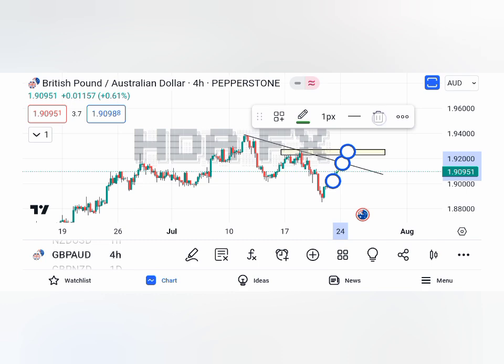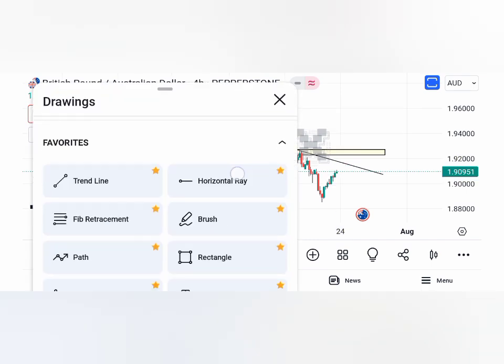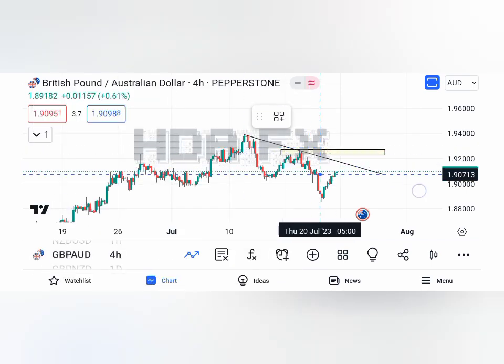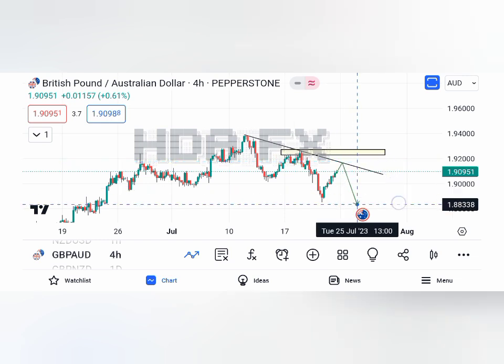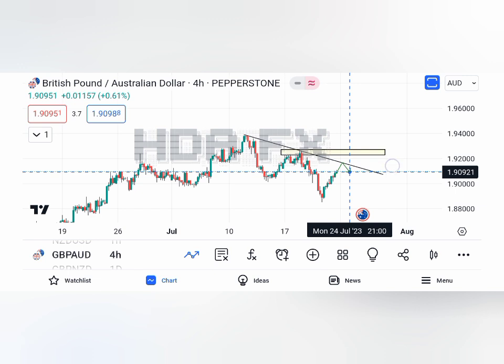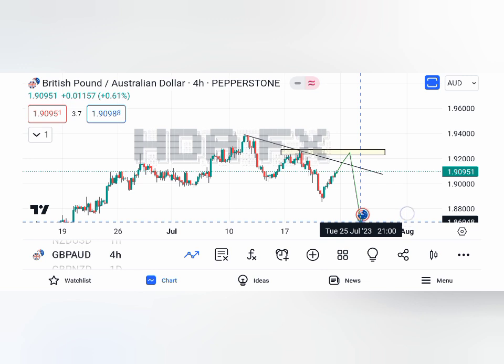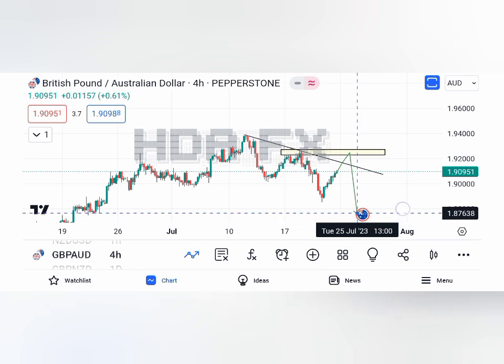The first scenario is that price will continue upwards to this trend line here, then drop. The second scenario is that price can continue upward to this zone here, then drop. So this week I'm bearish on GBP AUD. This is my analysis on GBP AUD.